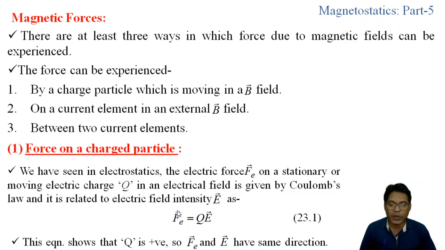Now in this expression 23.1 you can see that Q is positive. So we can say the force due to the electric field and the electric field intensity are in the same direction.